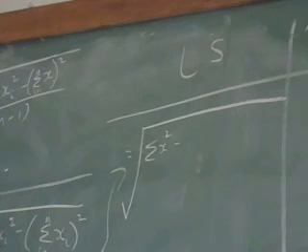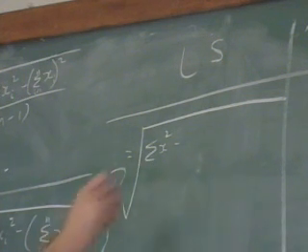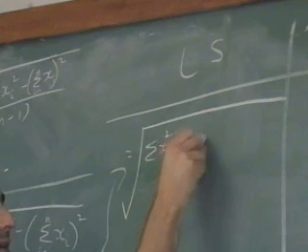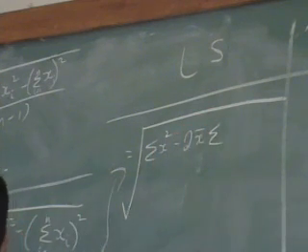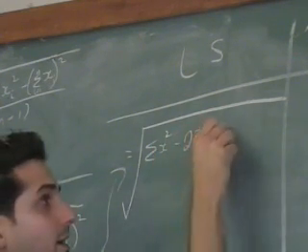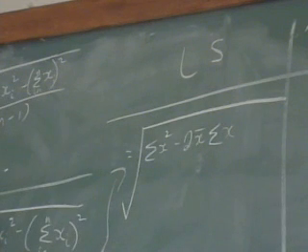No, because x bar is the average of all of the data points. And for a fixed set of data points, does your average ever change? No. So guess what? 2 is not only a constant, but so is x bar. So I can write down minus 2 x bar, and then I'm left with the sum of i equals 1 to n of xi. That's the only thing that's left.